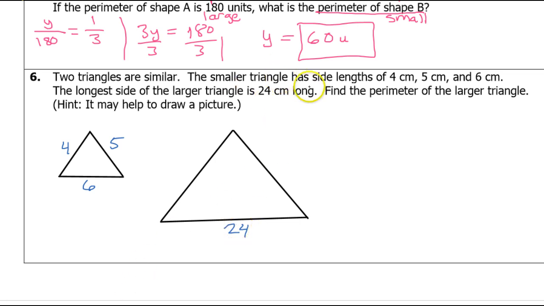So we can easily solve this by setting up a proportion. It's going to be in the form small over large is equal to small over large. For the first fraction, we can just use one pair of values, and then for the second fraction, we'll go ahead and use perimeter.